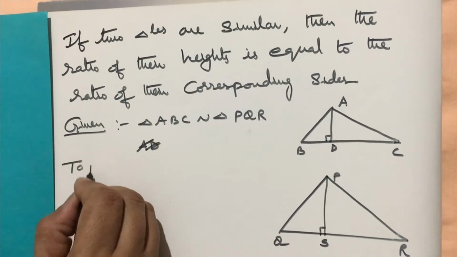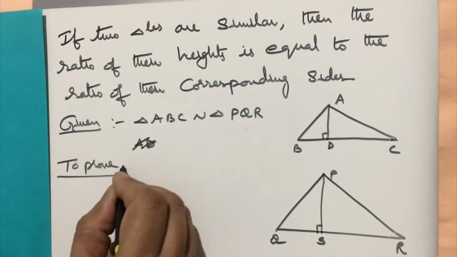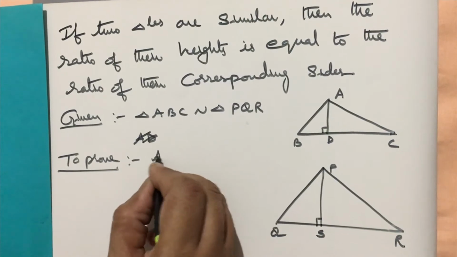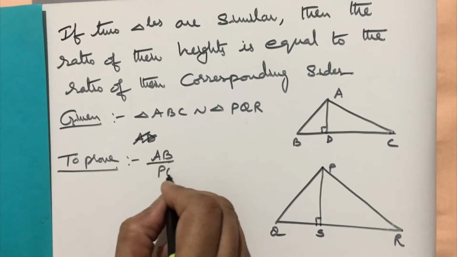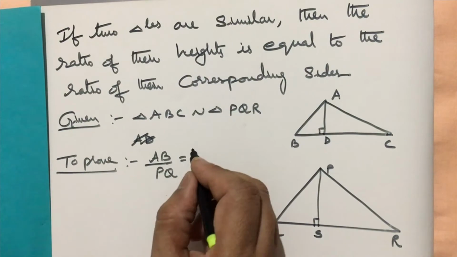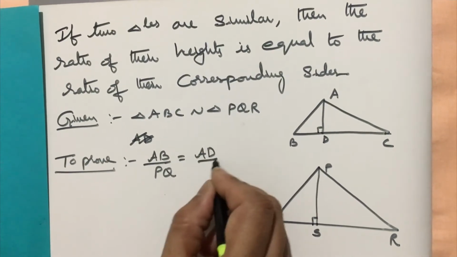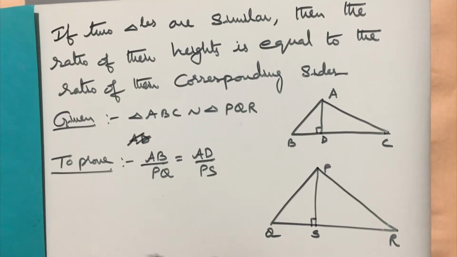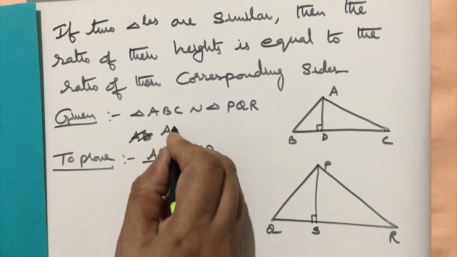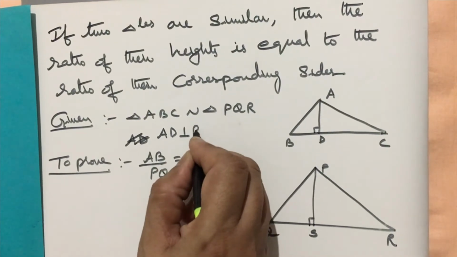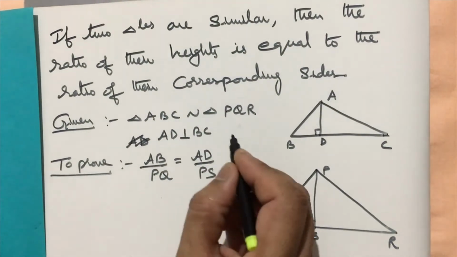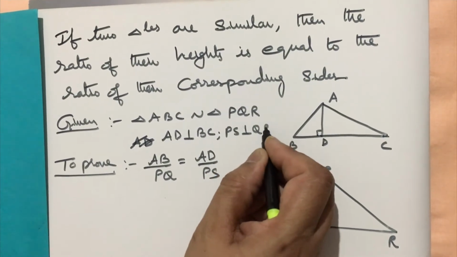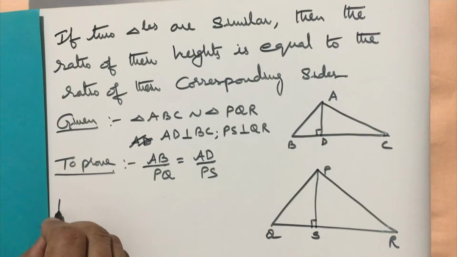What we have to show, to prove, is that AB by PQ is equal to AD by PS. Okay, so what are these AD and PS? Here only, write it: AD is perpendicular to BC and PS is perpendicular to QR. They are the altitudes.